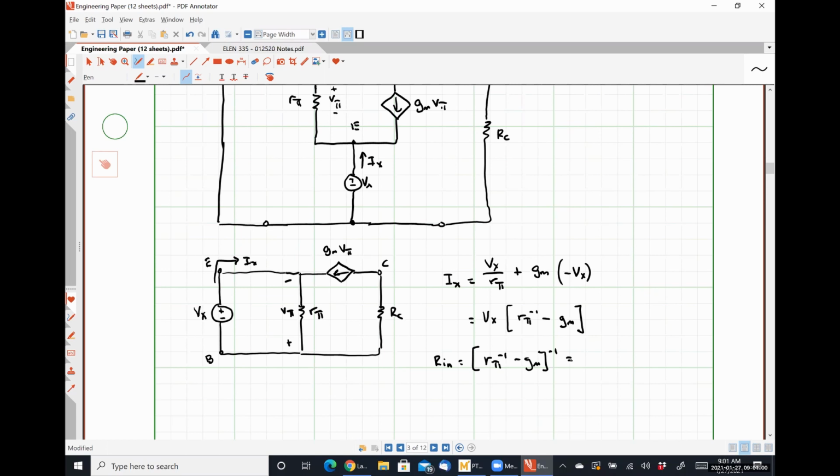And let's see, since r pi is beta over gm, we have gm over beta minus gm.